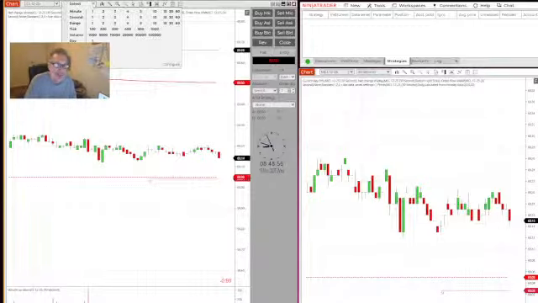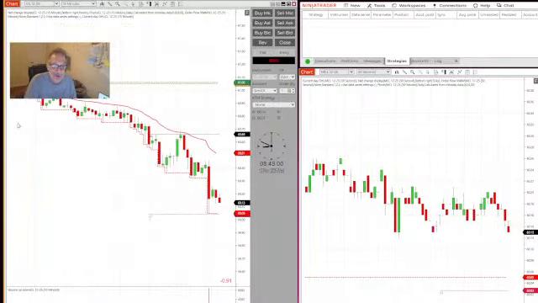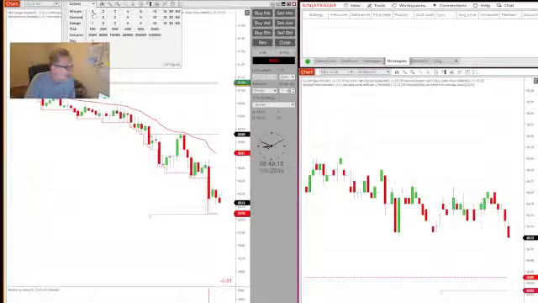Most mornings, we take a look on a 15-minute chart. Oil is very bearish this morning. That's just the way it is. Does that mean I'm only willing to take a short? Not really.